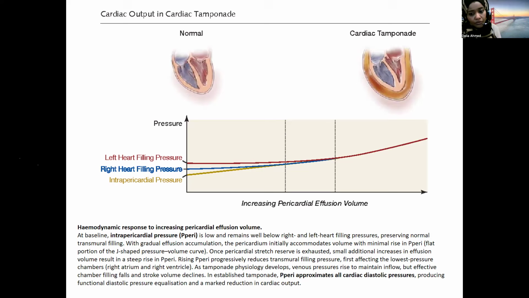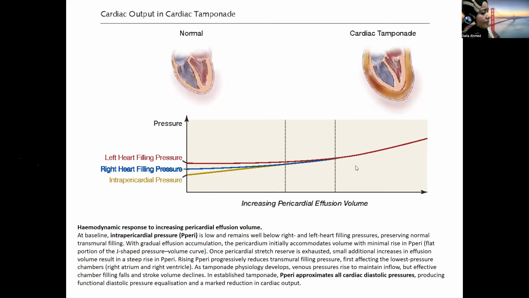And usually, because the right heart chambers are low pressure chambers, it equalizes with the right heart filling pressure or diastolic pressure first, and then in the third stage, it equalizes with all the heart chambers, the left and right heart filling pressure and intrapericardial pressure, they all equate. And then once this is reached, the intrapericardial pressure increases exponentially.